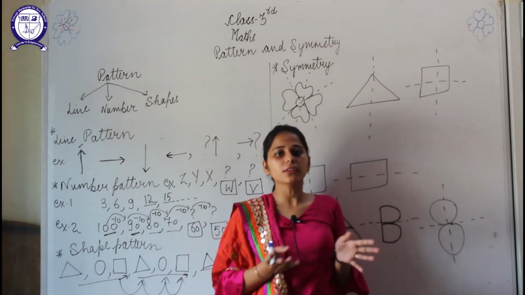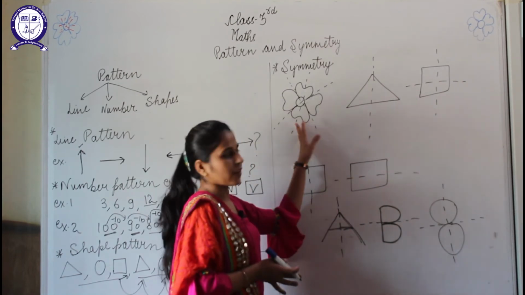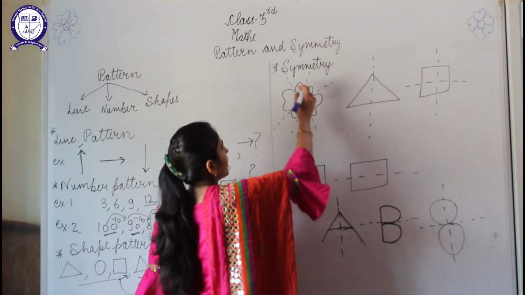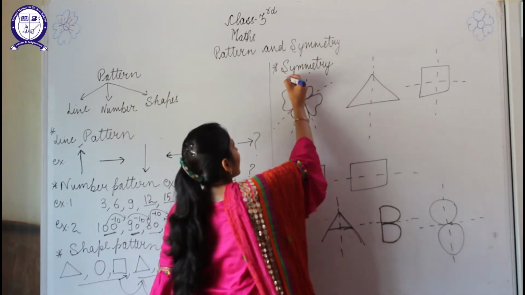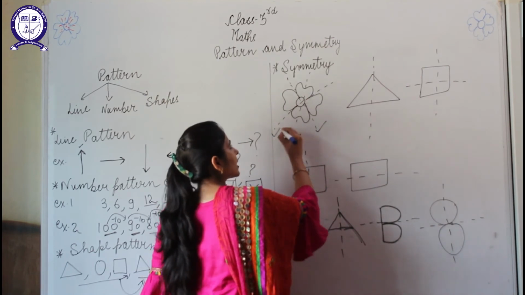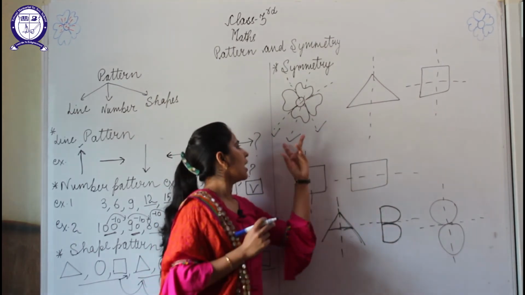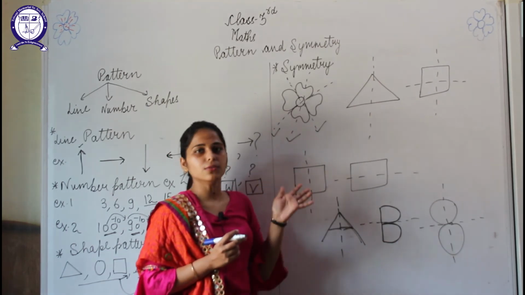Suppose this is a flower and I need to divide this flower in two halves. So I can prefer this line, this also, and this also. After these three lines, I can draw one more to divide it into halves.